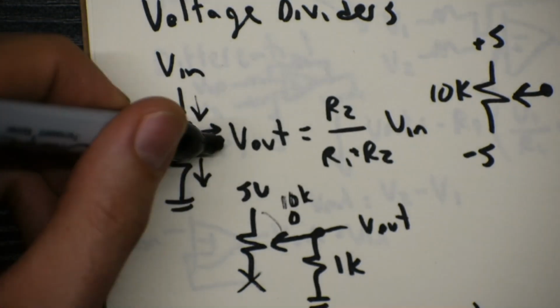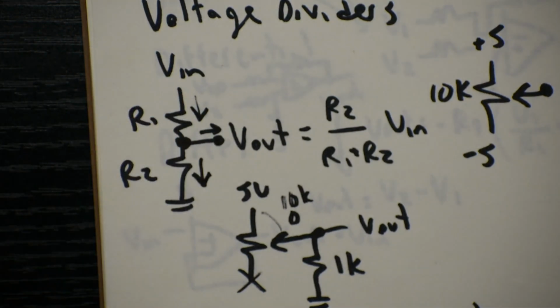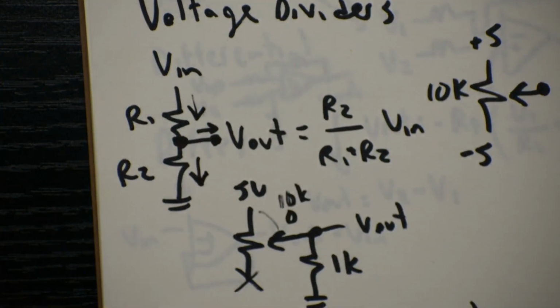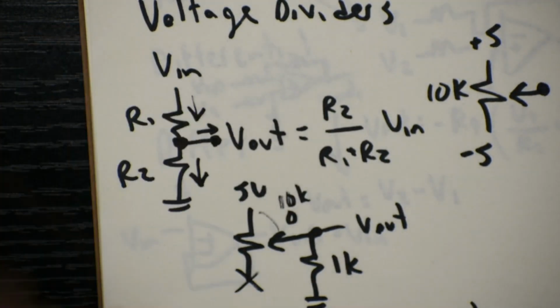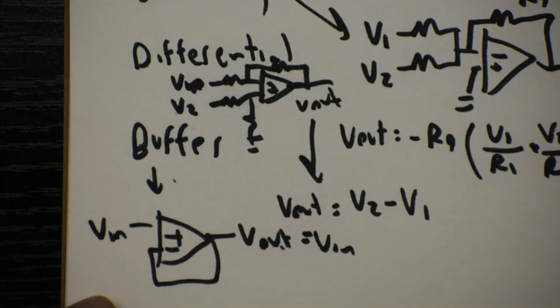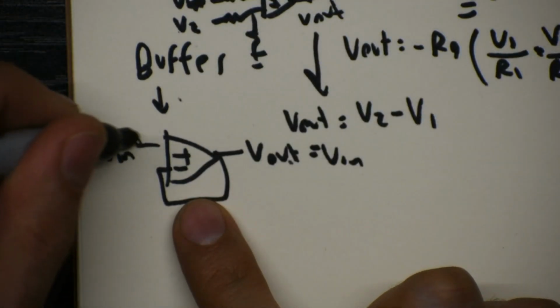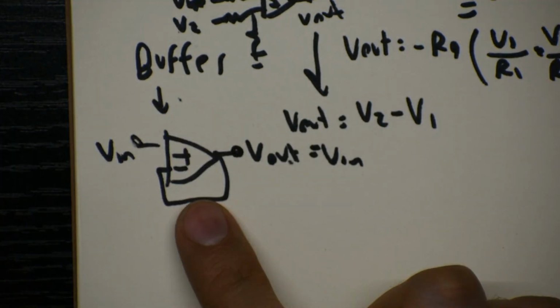So we either need to make sure that the current that leaves is 10 times less than the current that continues this way, or we can have the buffer, and in the buffer no current will leave this circuit and the voltage will be completely preserved. So the buffer is here to protect the input from wherever the voltage is going on the output.